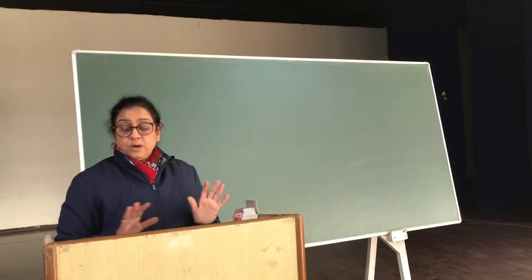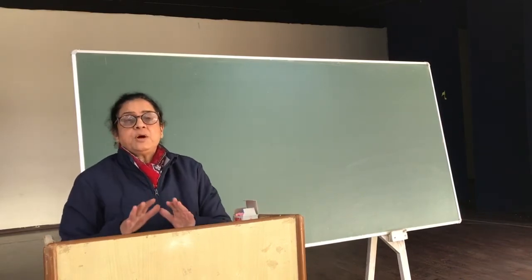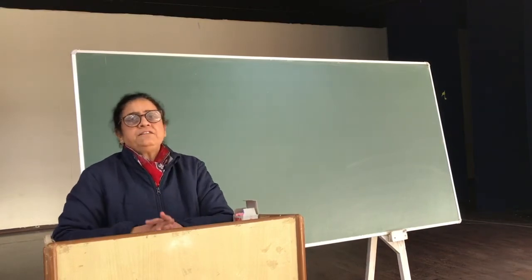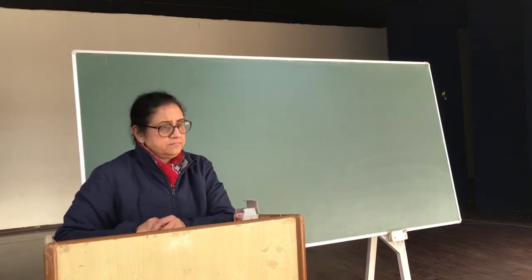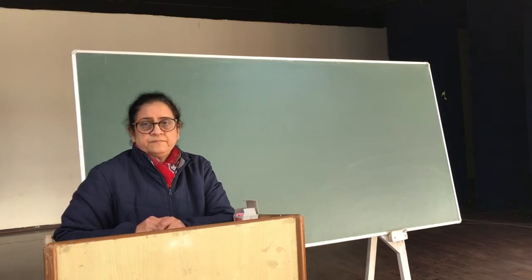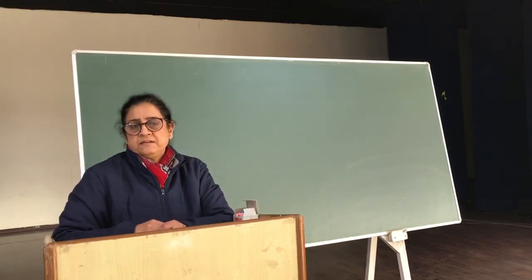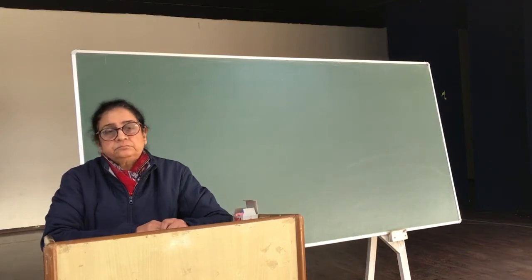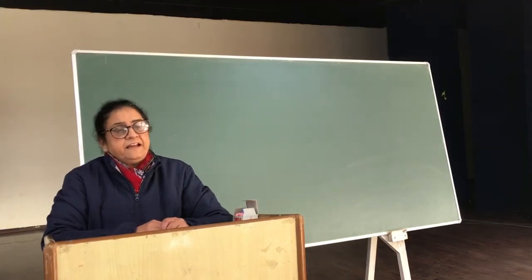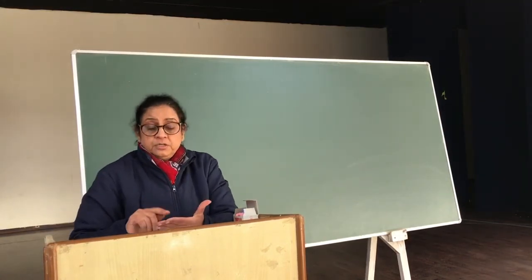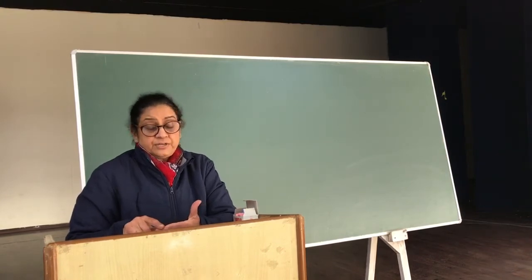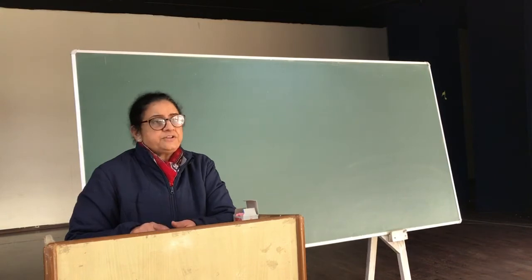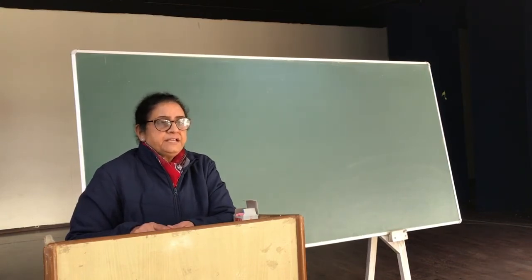But now I would like to ask you, have you understood everything regarding the eye? If you have any question, you can ask. Any doubt? I have made it clear that when you are doing the structure of the eye, you should know the location of each and every part, and its function.